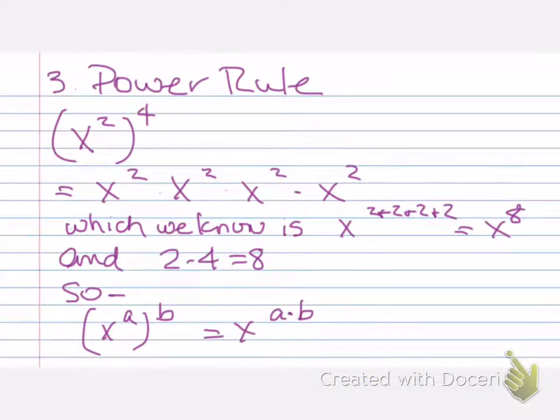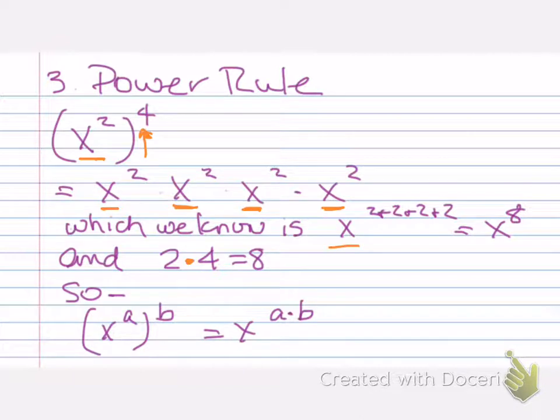Our power rule, remember, is where you have an exponent that you raise to a power. So this is also called the power of the power rule. X squared to the 4th could be represented by x squared times x squared times x squared times x squared, which we now know is simply x to the 2 plus 2 plus 2 plus 2, which is equal to x to the 8th. We also notice that 2 times 4 equals 8.